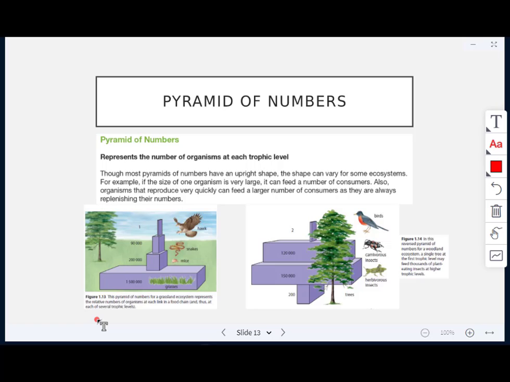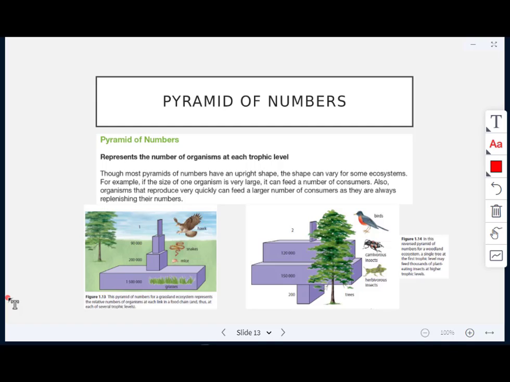Most pyramids of numbers will have an upright shape, like the one we just looked at, but it can vary for some ecosystems. For example, if the size of one organism is very large, it can feed a number of consumers. Also, organisms that reproduce very quickly can feed a larger number of consumers because they're always replenishing their numbers.